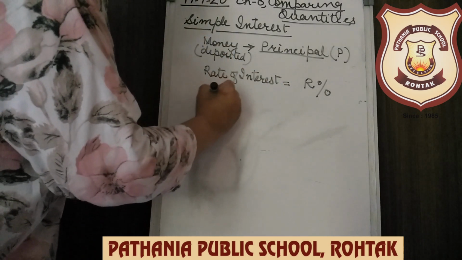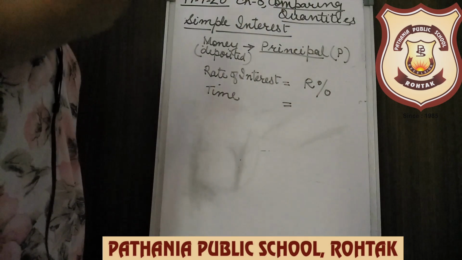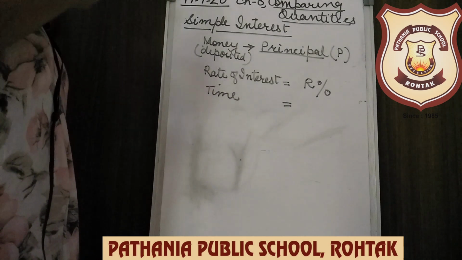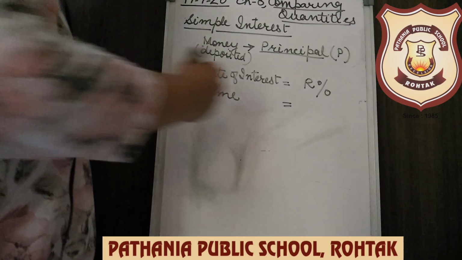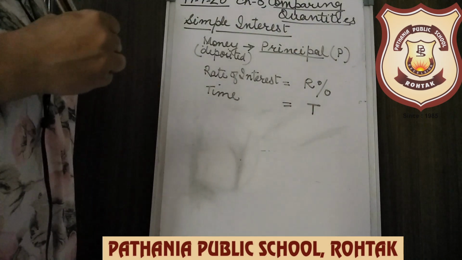Then time, for the given time period, for how many years, months you want to keep the money in the account, is denoted by capital T.